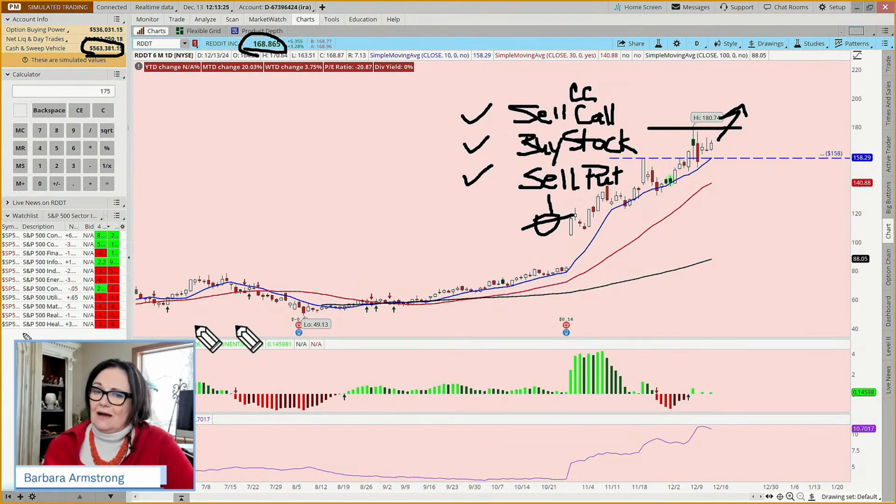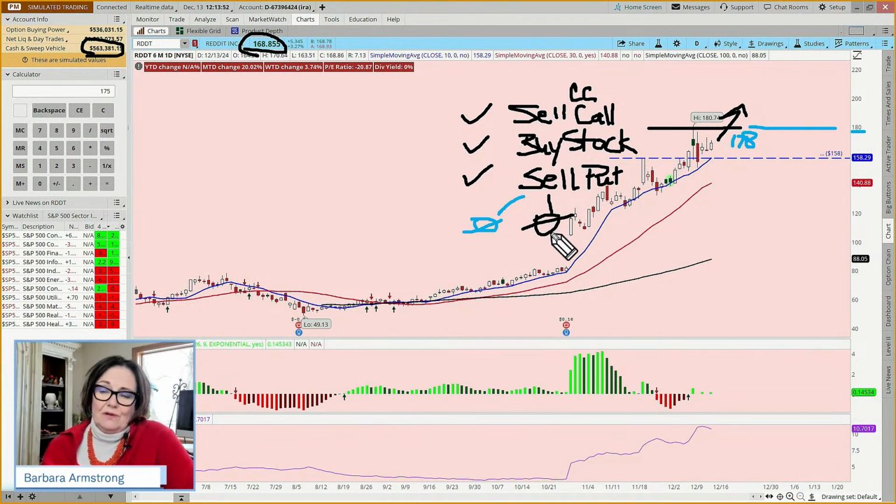Now, what else could happen? Well, let's say we've sold this 180 strike and the stock is at 168. Maybe it ends up at 178. If it ends up above where we bought it, what would happen to the put? Well, that would still become worth less and ultimately expire worthless. It doesn't mean we're going to wait for it to expire worthless.